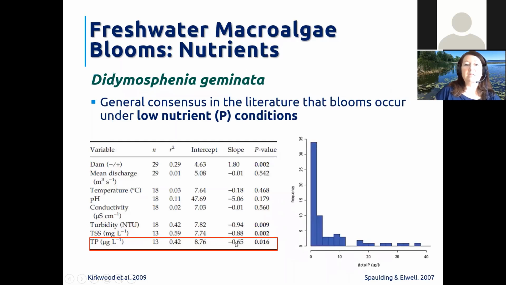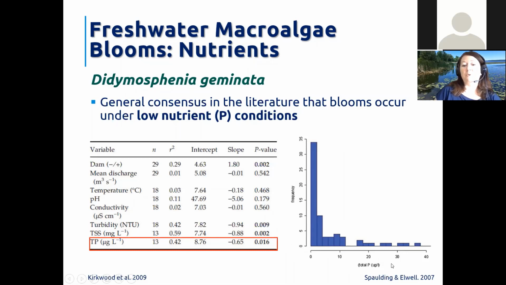Similar with Didymosphenia geminata, when I did work in my postdoc before coming back to Ontario, I was able to clearly show that blooms were related to low nutrients. So an increase in phosphorus actually resulted in a decrease in Didymo biomass.